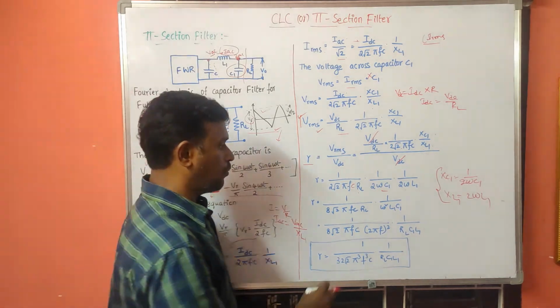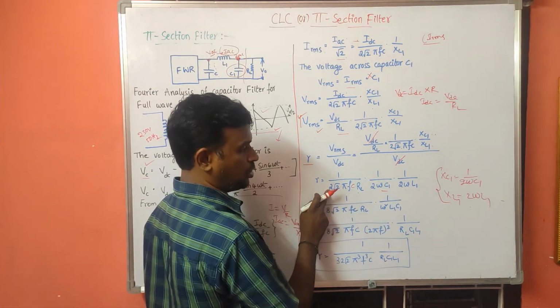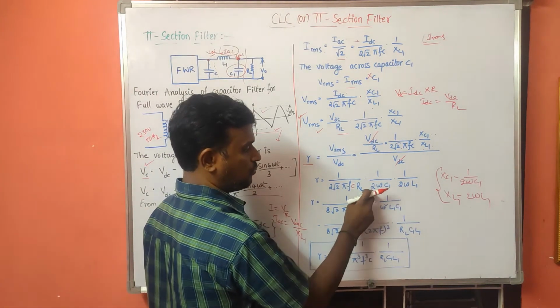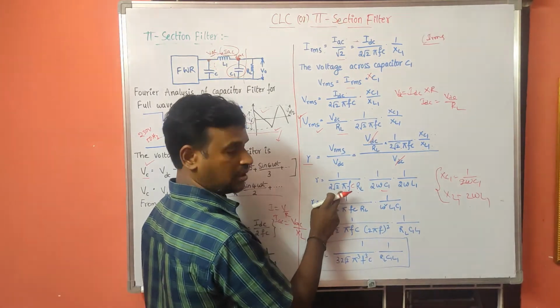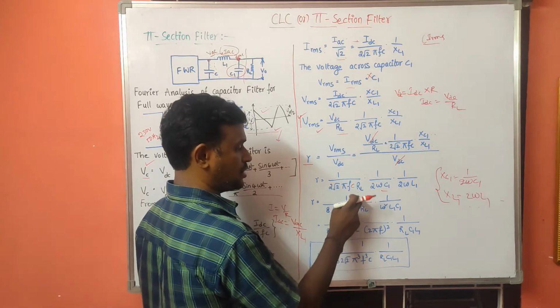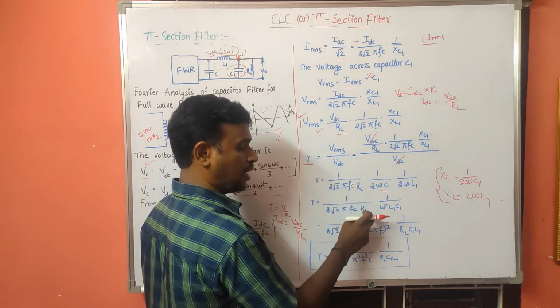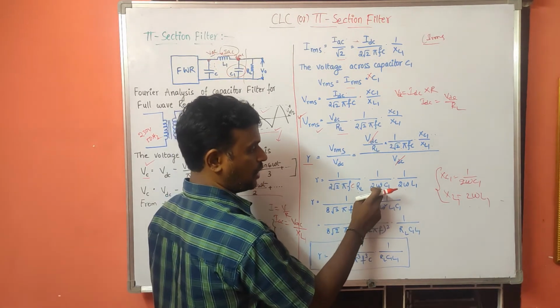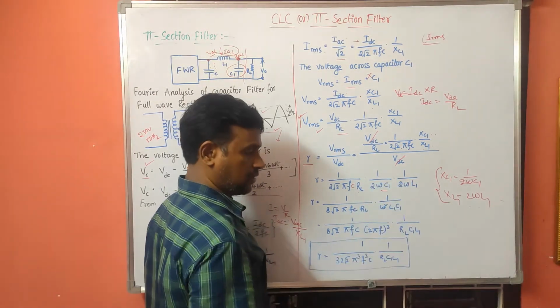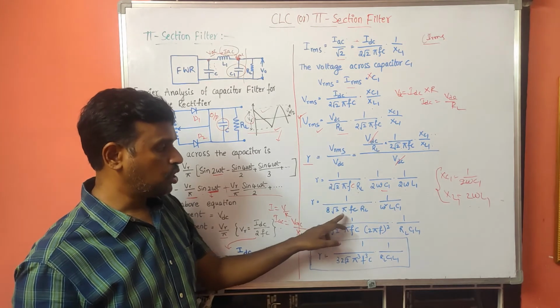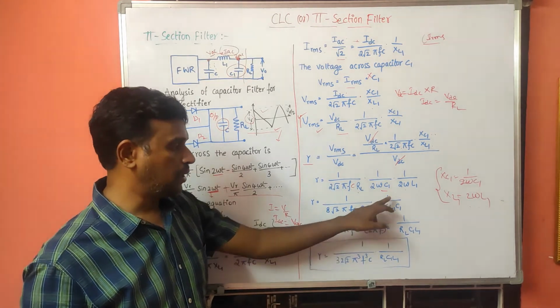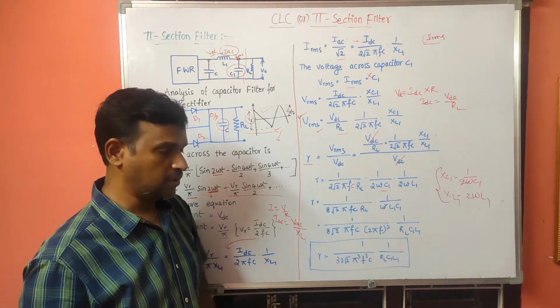Then what is the equation here? It is 2 and 2 and 2, 2 to the 4, 4 to the 8, that is 8 root 2, and pi is as it is, F is as it is, C is as it is, and RL is as it is. But here we have omega square L1 C1. So the ripple factor is equal to 1 by 8 root 2 pi FC RL, times 1 by omega square L1 C1.